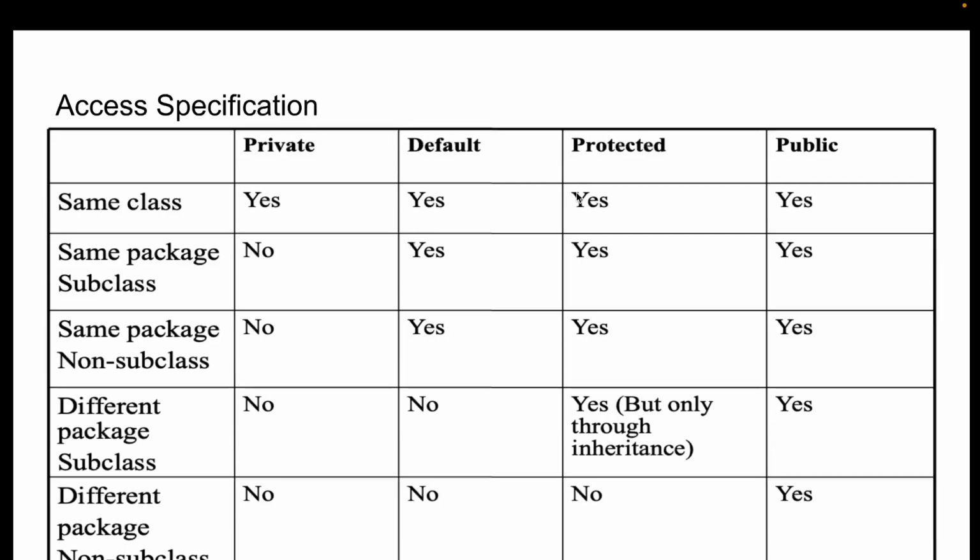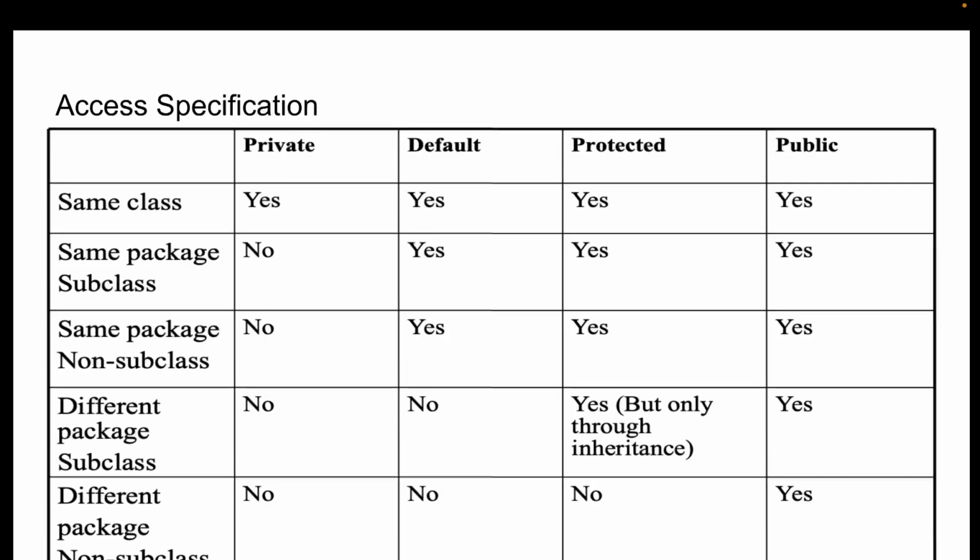It will be accessible within the same package subclass as well, and same package non subclass as well. A non subclass is basically a class which is not a child class of the parent class, and a subclass is a child class which inherits a parent class. So it will be accessible to all subclass and non subclass as well.